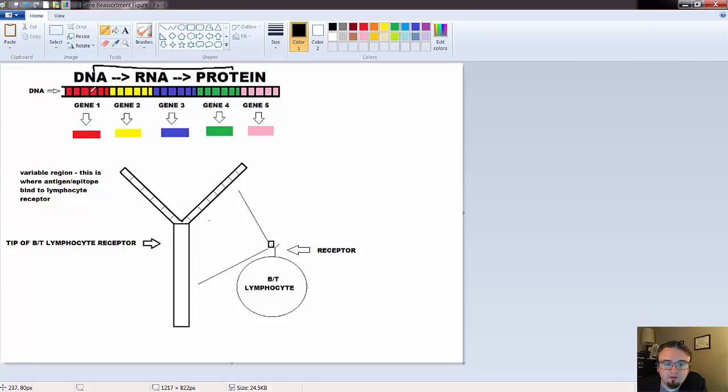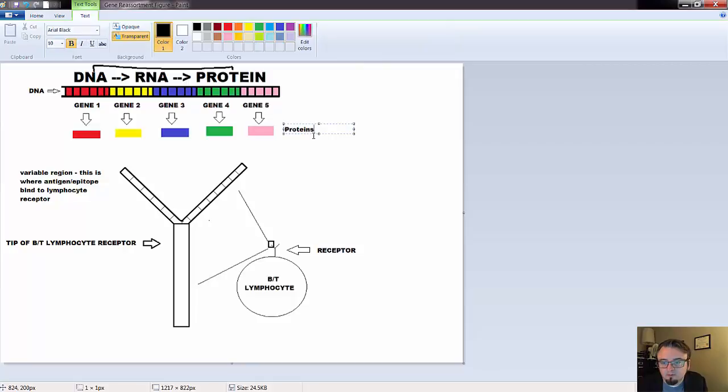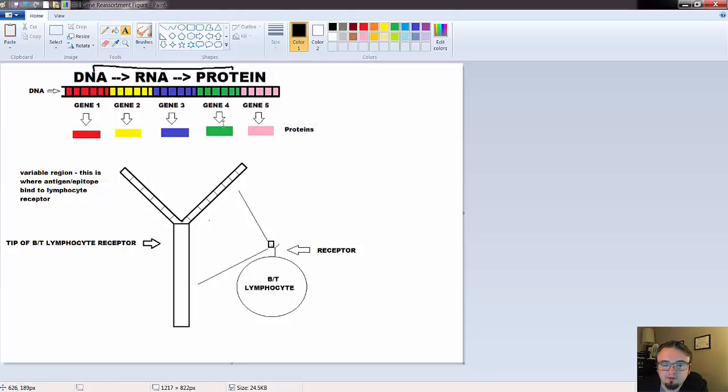Here in this figure, I've color-coded the genes, parts of our DNA, and the proteins created by those genes. So different colors for different proteins.